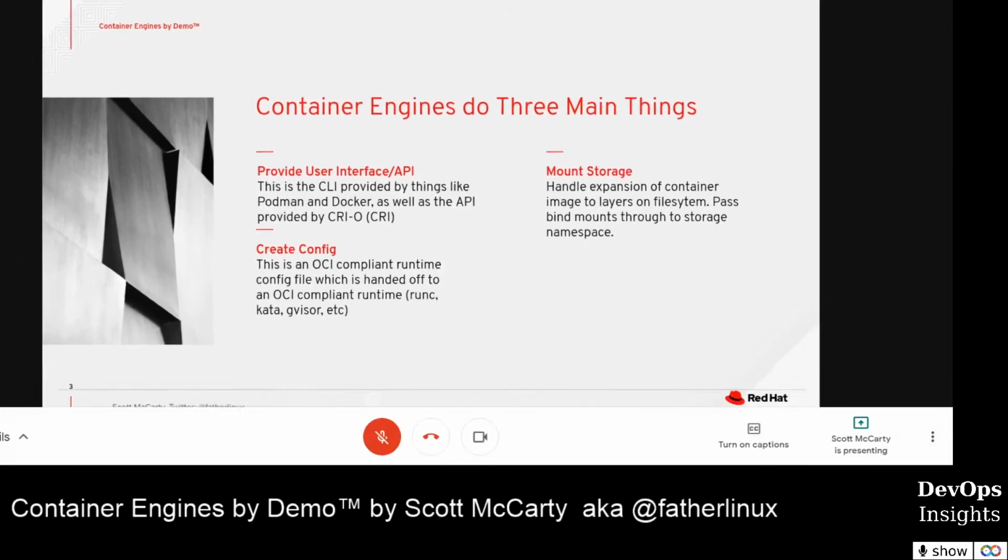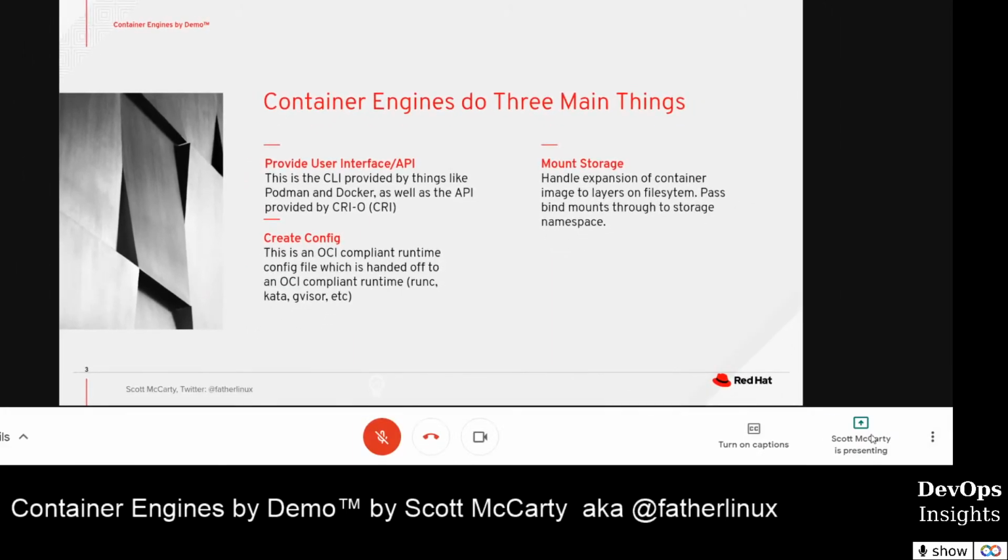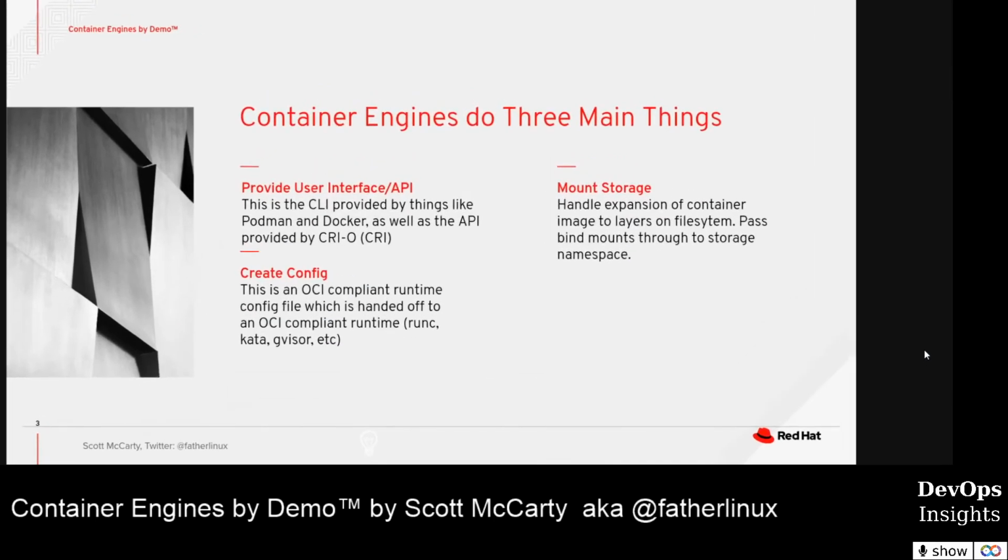I start with a basic premise so people understand what a container engine and runtime do together. In a nutshell, a container engine does three main things. It seems quite simple, yet I get a lot of questions and misunderstandings around this, so I try to break it down super simple.